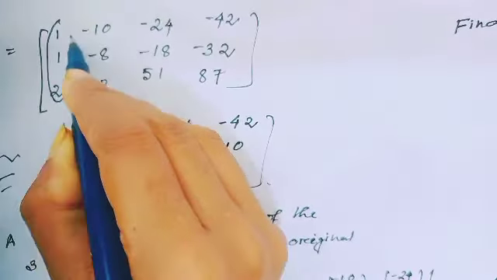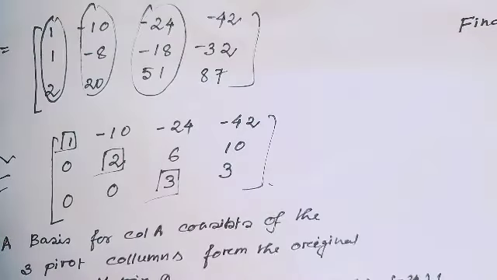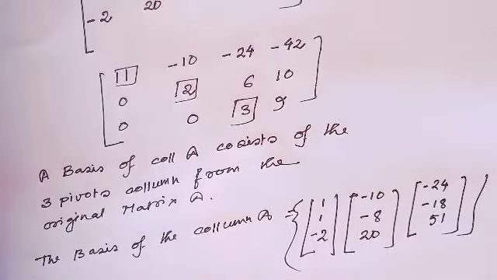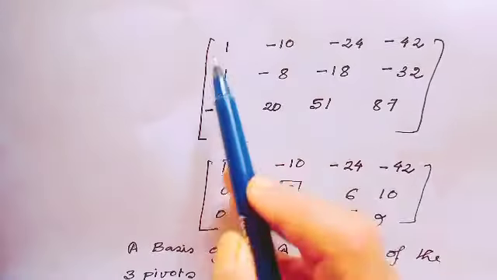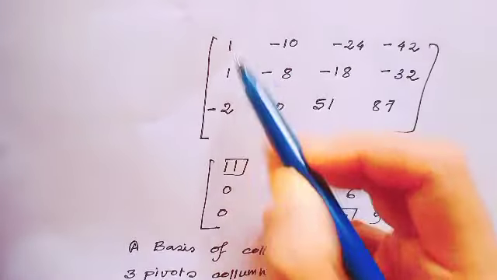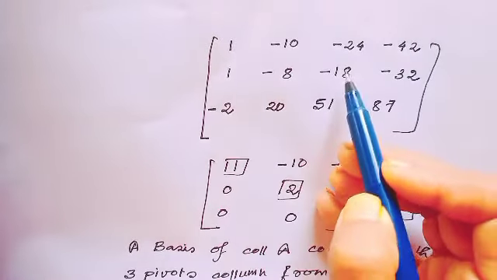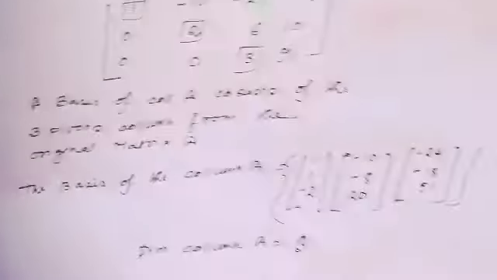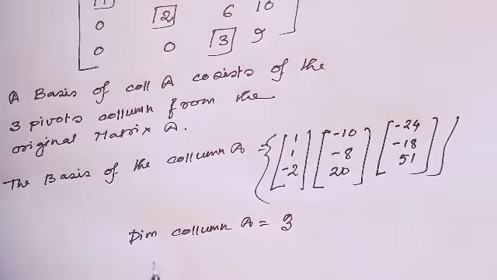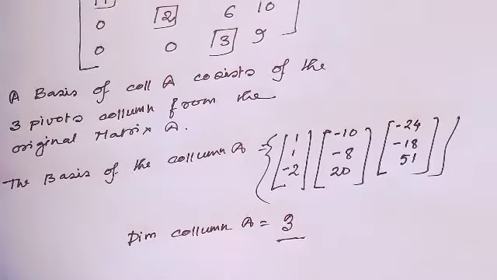That means these three columns form a basis of the column space of A. So the basis of the column space of A is (1, 1, -2), since this is from the original matrix, (-10, -8, 20) and (-24, -18, 51). These three form a basis of the column space of A, and the dimension of the column space of A is 3.